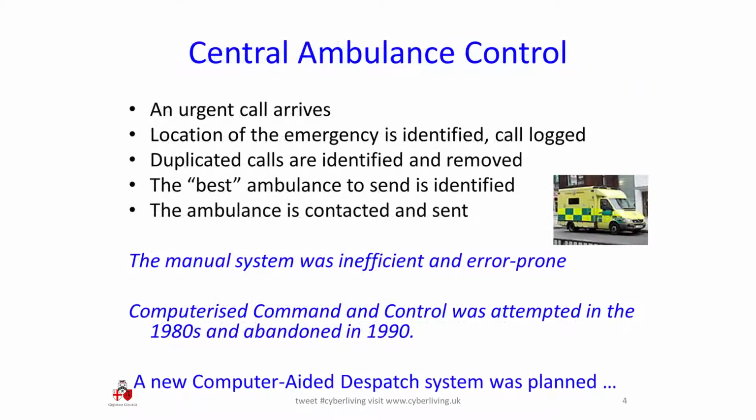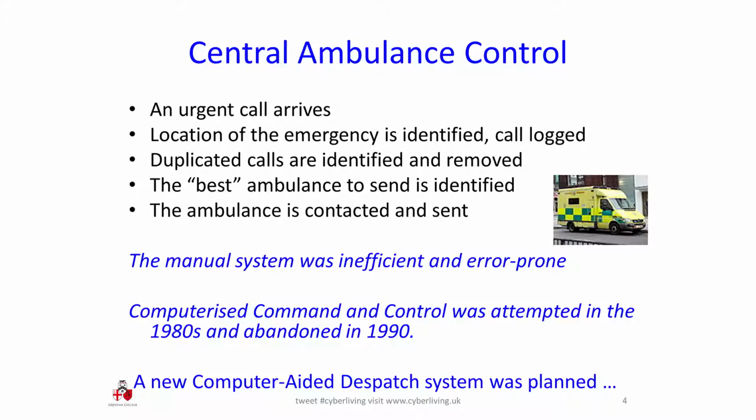And the job of the central controllers was straightforward. It was what you would imagine. In abstract terms, at the high level, it was straightforward. The detail of it was actually very complex, of course. A call comes in, you need to find out where the emergency is.